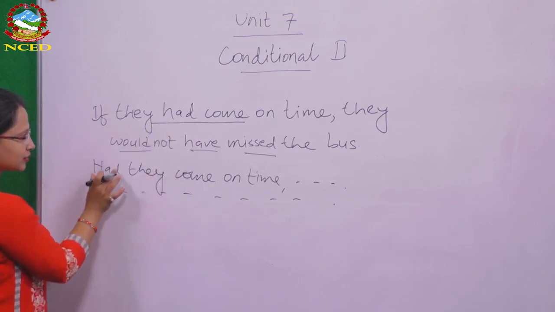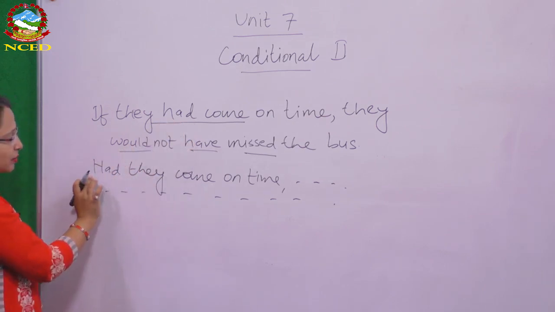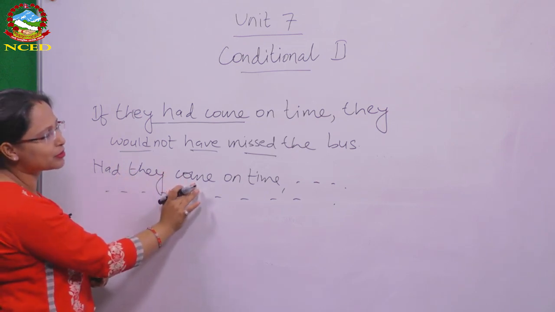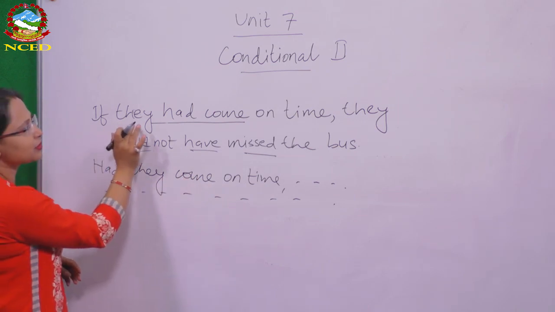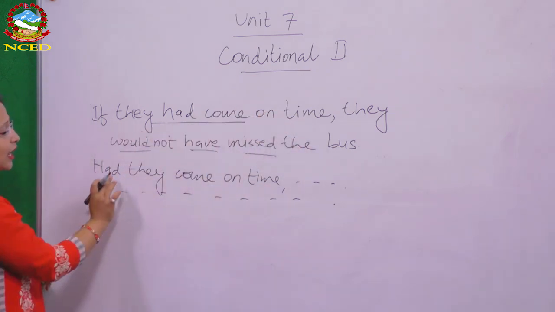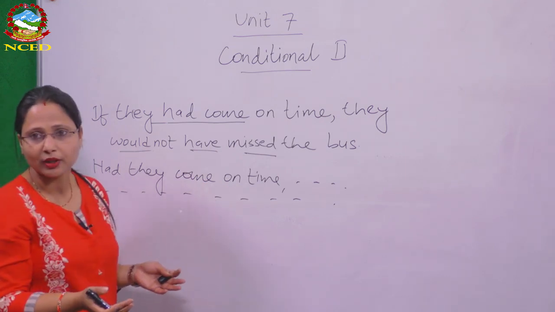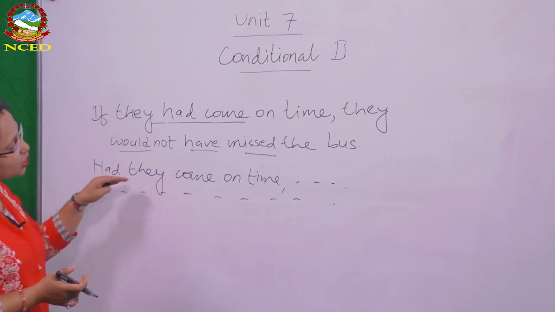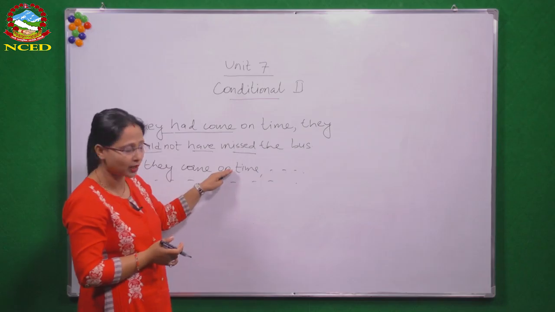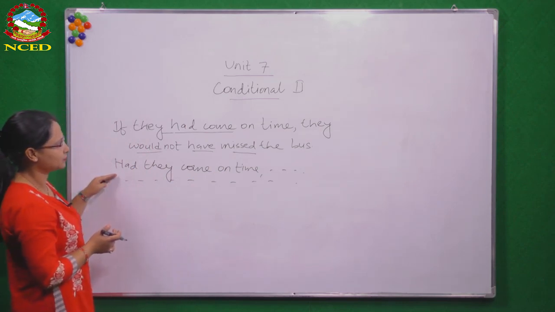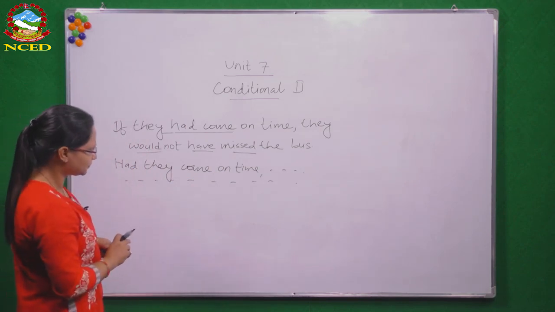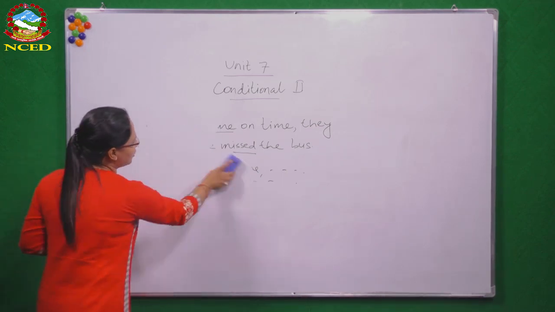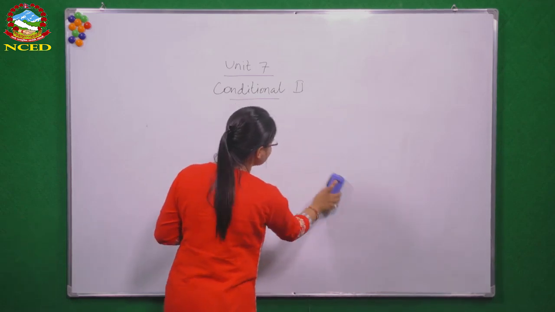The had thing comes in the front. सबैभन्दा सुरुमा had लेखिन्छ, and then the subject, and then the participle form of the verb and other things. So instead of if they had come on time, we can also write had they come on time. So it means the same. Meaning wise, it's same, but structurally it's a little different. But it is also a conditional type 3 sentence. Okay? So यसरी पनि लेख्न सकिन्छ यसलाई. Similarly, there are some other alternatives of if as well. Okay? Let's look at some more examples.